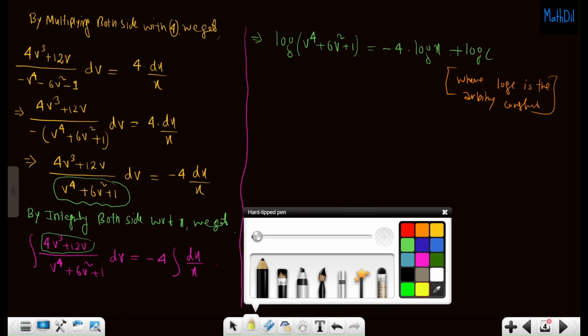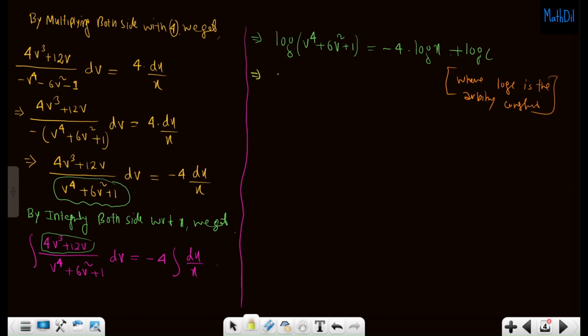So see, which implies log of v to the power 4 plus 6v square plus 1. If you take this to this side, what will you get? You will get minus will be here plus, okay, plus log x to the power 4, right? We are taking this 4 to this side, at the power of x, and it will be equal to log c, right?